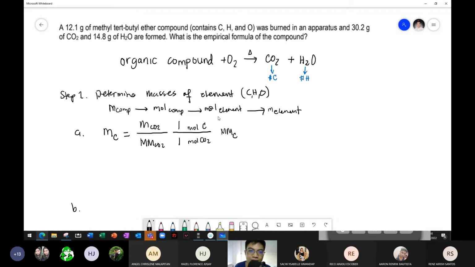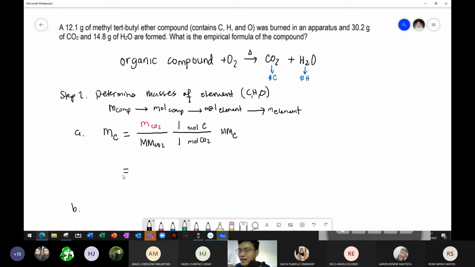Ano na lang ipa-plug in mo? Mass ng CO2. Okay, so whenever you encounter problem like this, gumawa na kayo ng kodigo with this equation. Kasi ang papalitan mo lang ay yung mass ng CO2 depending on the given. Okay? So, fix na yan. Ako nung tinuturo ko to sa senior high, sabi ko, gumawa na kayong kodigo. Palitan nyo lang yan. Ginawa naman nila. Ang dami naman nila nakasagot na tama.